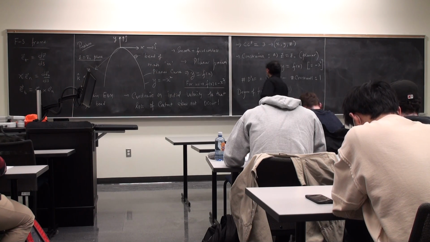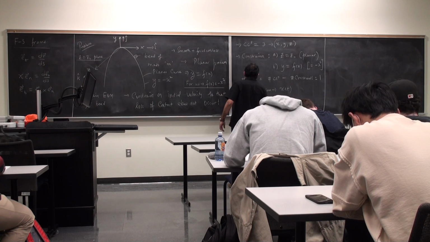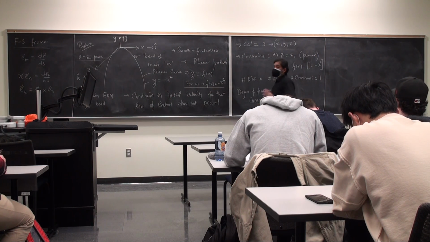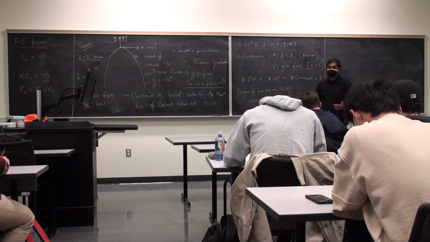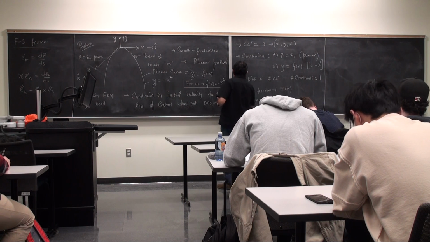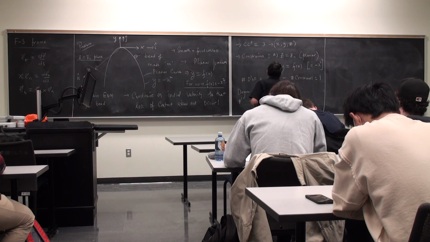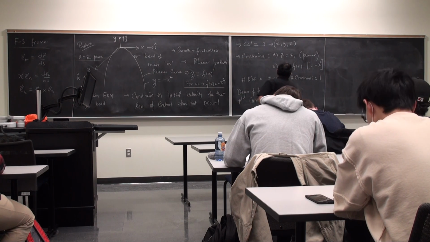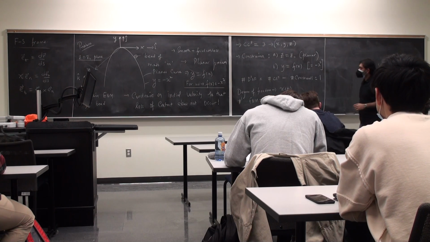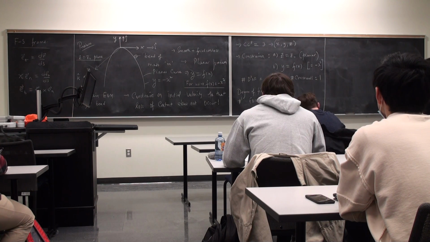So the number of equations of motion is equal to 1. The number of equations of motion is equal to the number of degrees of freedom. So we expect a second order ordinary differential equation in x of t.